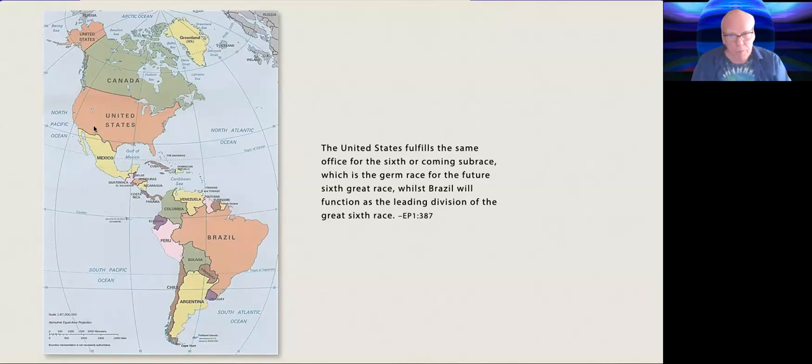This suggests that the qualities of synthesis, which are determined by the law of love and attraction, will occur, first of all, in the United States, and that will plant a seed which will, at a much later time, take hold and bear fruit in Brazil, which will be the seat of the 6th root race. Right?